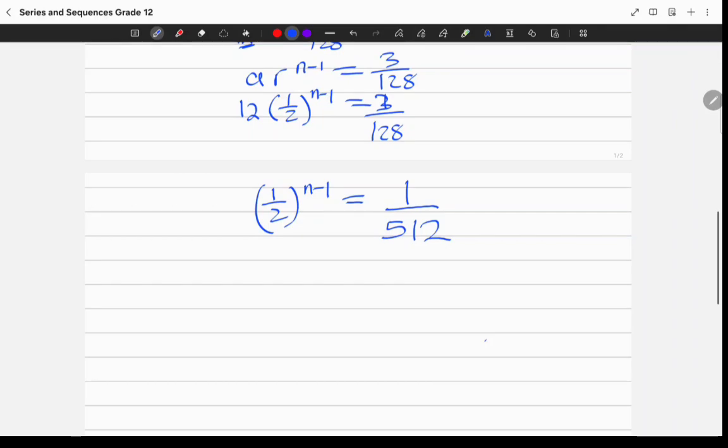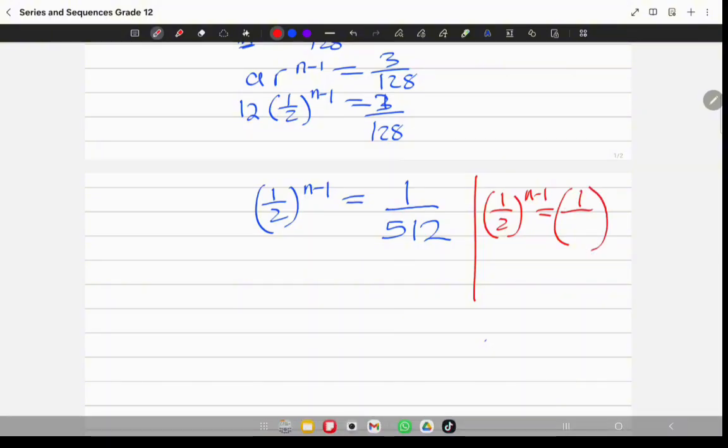Okay, so moving on, at this point, you could change bases, make the bases the same. If you decide to take that direction, you end up with 1 over 2 to the power n minus 1 is equal to 1 over 2 to the power something.